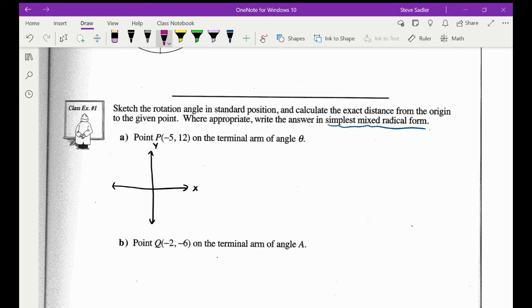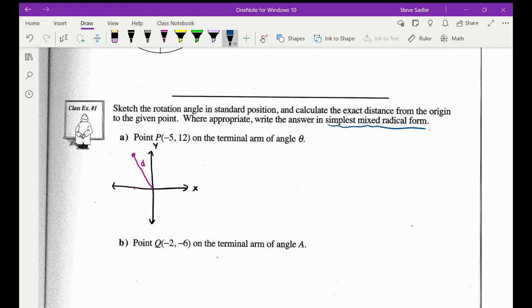So if I draw that on my diagram, let's say x is negative 5 over here, and y is 12 over here. So that point is going to be somewhere right there. What we're looking for is the exact distance, we'll say, d, of that.